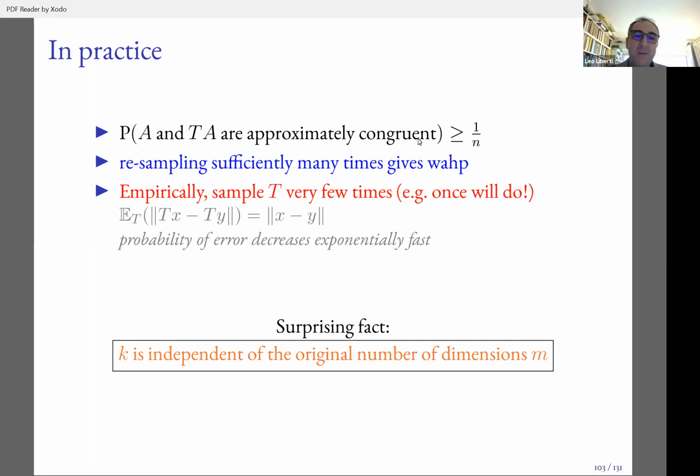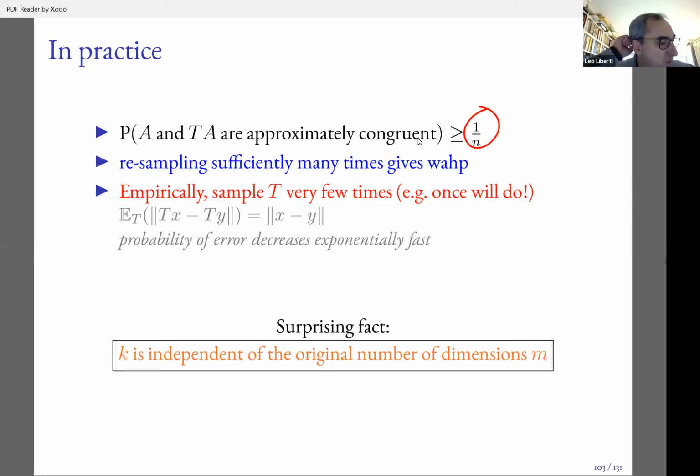Okay, so the probability that A and TA are approximately congruent is positive, in particular greater or equal to 1 over n. So in theory, this probability can be made arbitrarily high by simply resampling sufficiently many times.